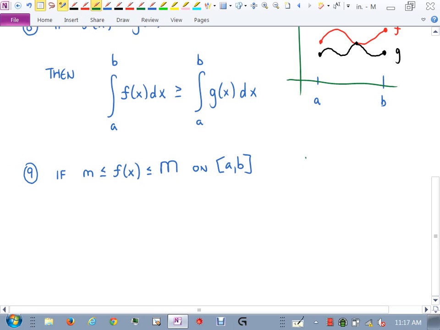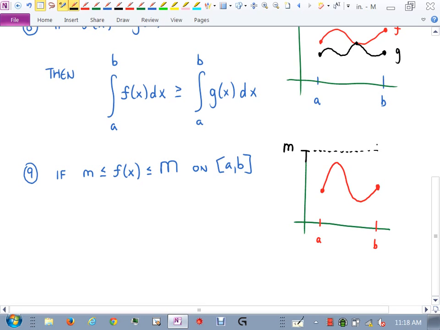Here's the picture. We have a function. Let's say it does that. Here's a, here's b. Capital M here would be any number that's bigger than my function. It doesn't have to be the smallest one that I can find.